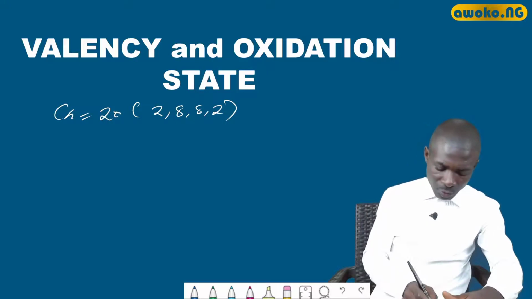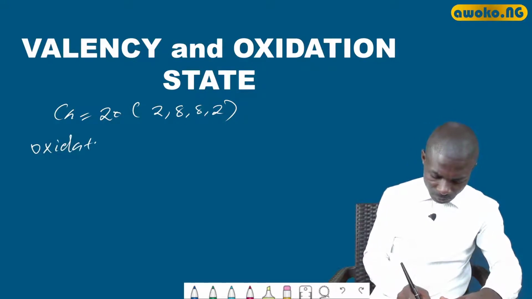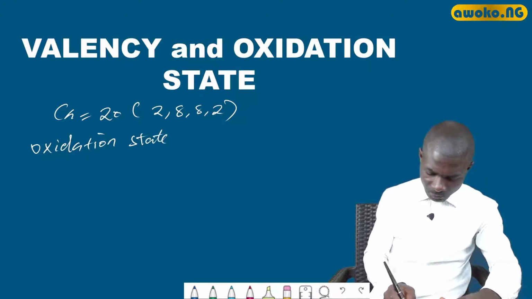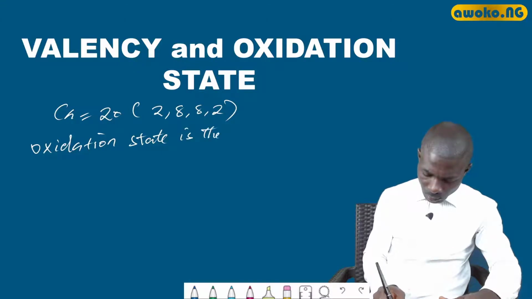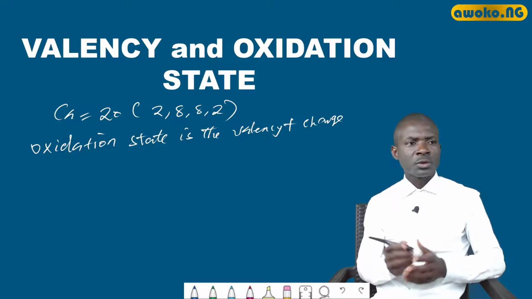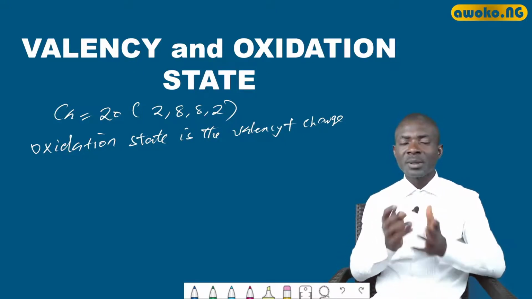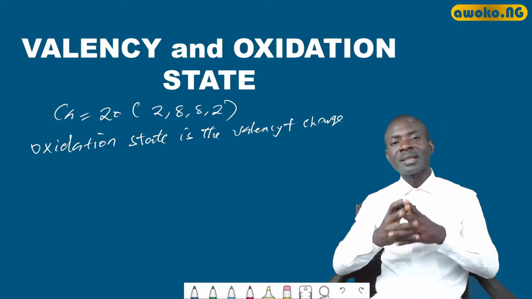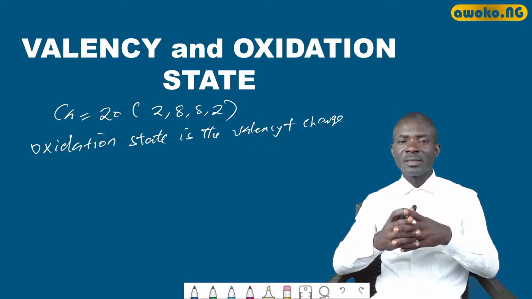So, we can have oxidation state as the valency plus the charge. Okay, so we can say metals have positive valency while non-metals have negative valency.